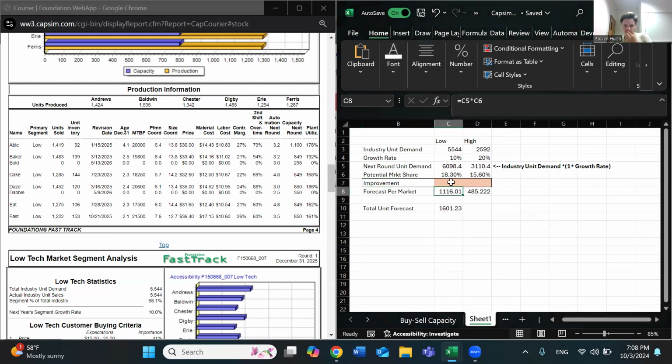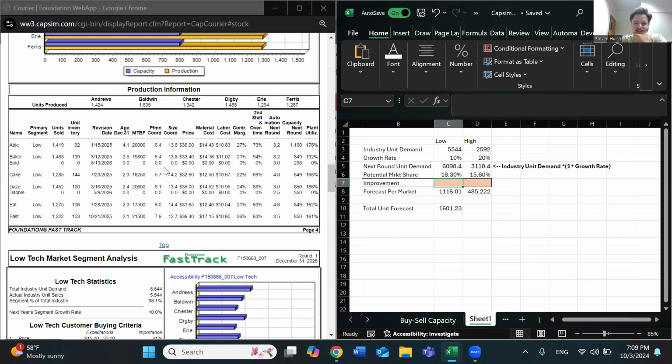So this improvement, to me, means how much my pie has grown or shrunk.